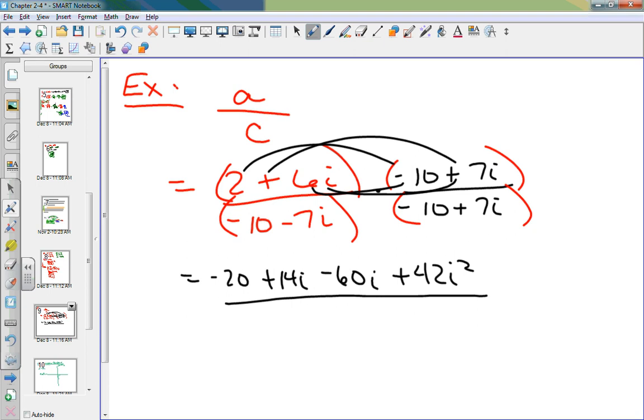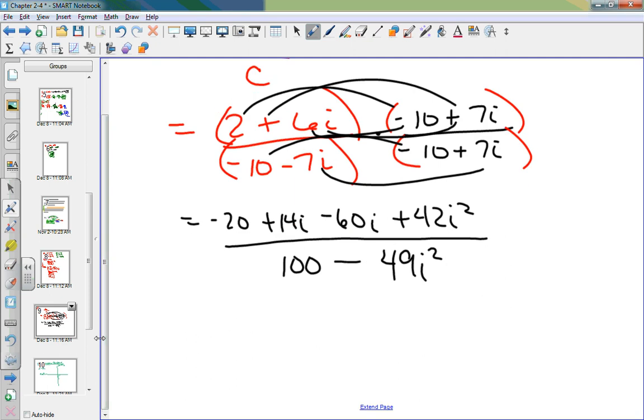Now here's the kicker. When you multiply two conjugates together, what happens to their outer terms? They disappear, they cancel. So do I have to FOIL the entire way? No, I just have to do my first terms. Negative 10 times negative 10 is 100. Minus my last terms, 49i squared. Do we see that? When you multiply conjugates together, the outer and inner cancel out every time.